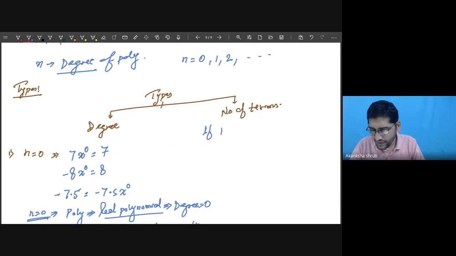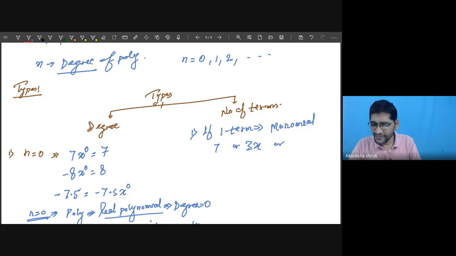If one term, then it is called a monomial. Example, if we are just writing 7 or 3x or even minus 5x cube, all of these are monomials because they have only one term. Irrespective of degree, it is a monomial.